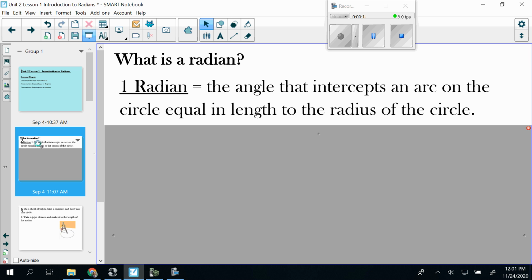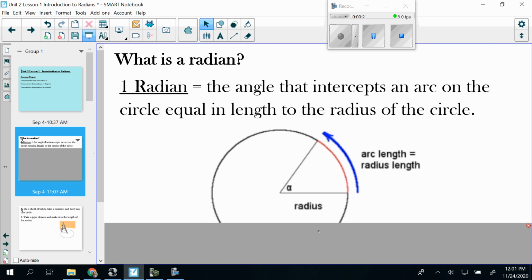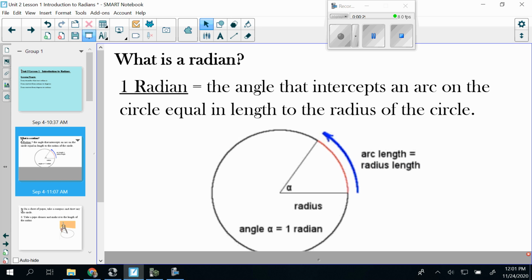1 radian is the angle that intercepts an arc on the circle equal to the length of the radius of that circle. So here's a picture describing that. If we take the radius, which remember is from the center to the outside, and curl that length along the circle, then the angle measured through here would be equal to 1 radian.